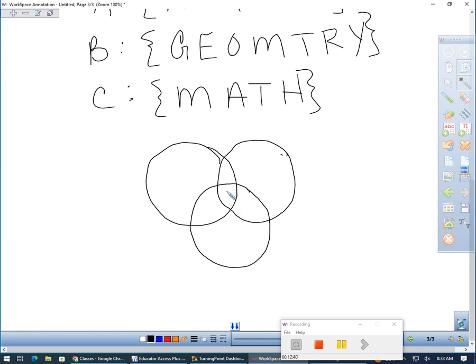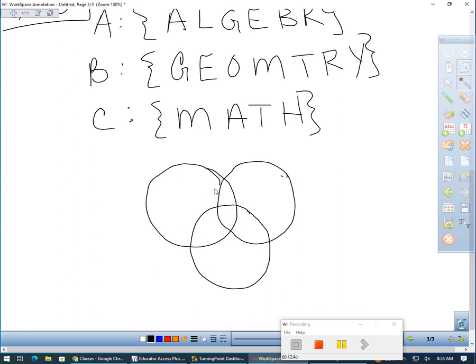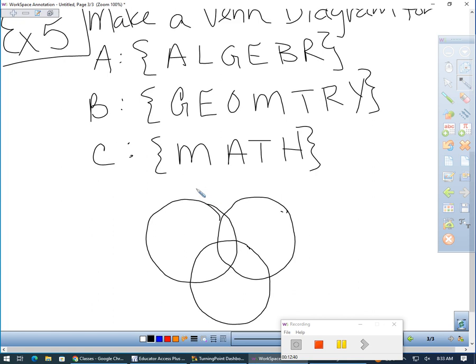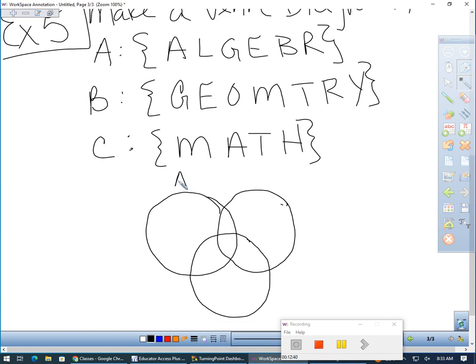So this center little piece right here is what overlaps in all 3 sets. So what letter do we have in all 3 of those? I'm going to label this set A, this set B, this set C. Nothing in common. Okay, so that means this little piece right here is going to stay empty.